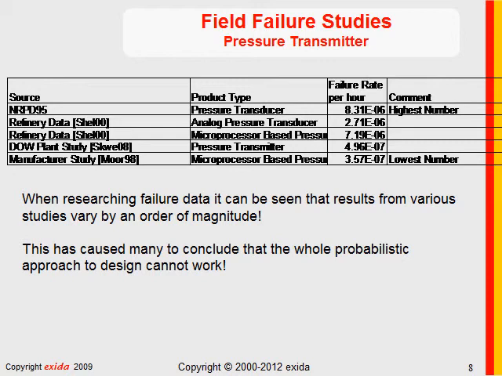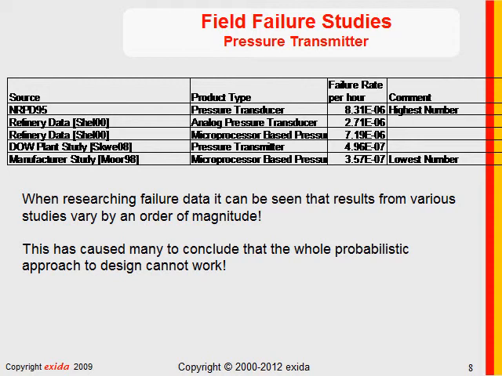When looking for failure rate data, when 61508 was first released in 2000, I found a lot of different data. And look at this particular chart for a pressure transmitter.